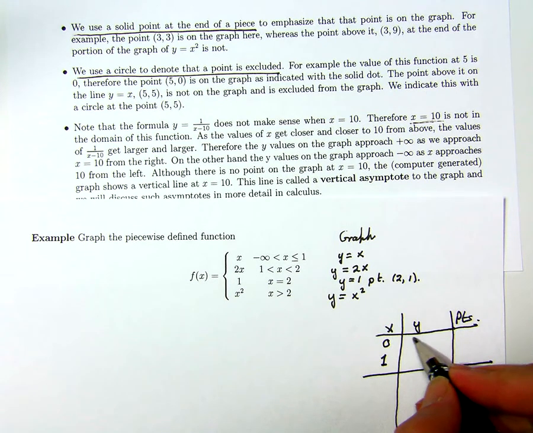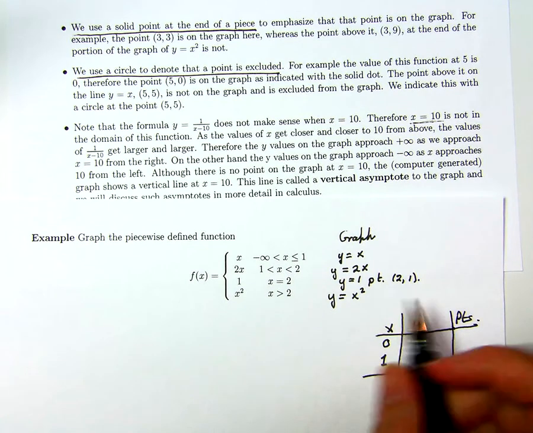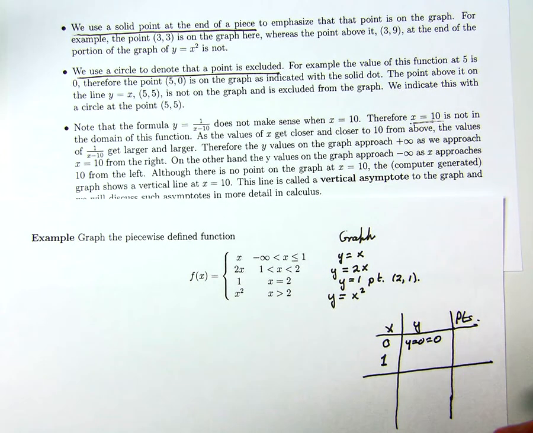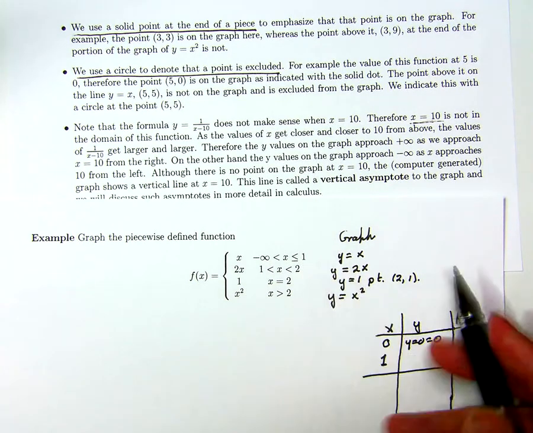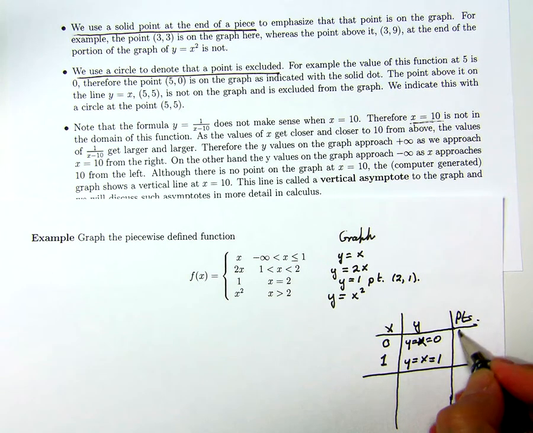And so when x equals 0, y equals x, because 0 is in this interval, and that's 0. And when x equals 1, y is also equal to x, which is equal to 1. So the point 0, 0 is on the graph, and the point 1, 1 is on the graph.